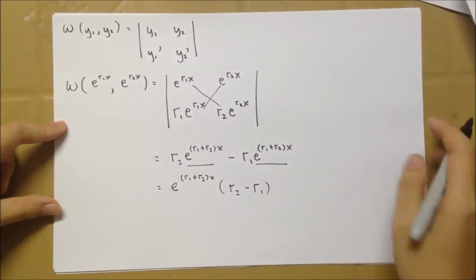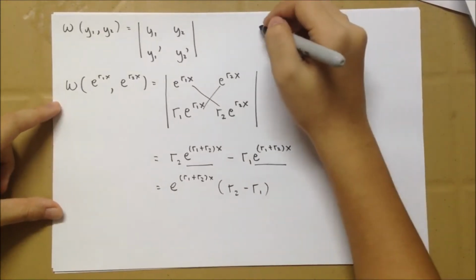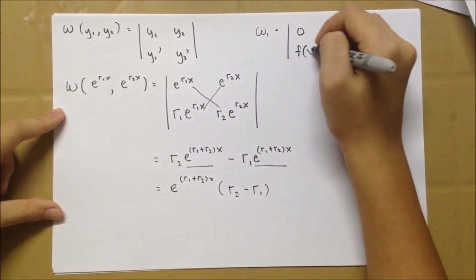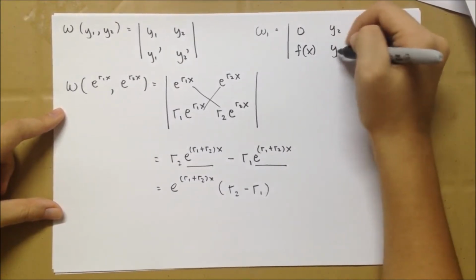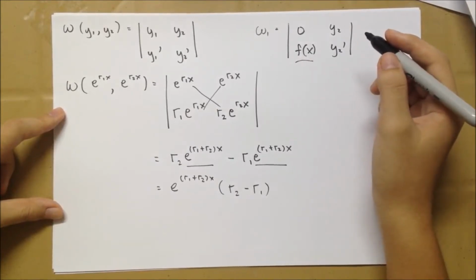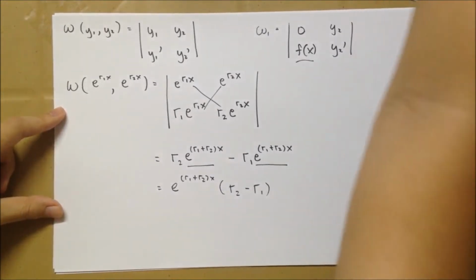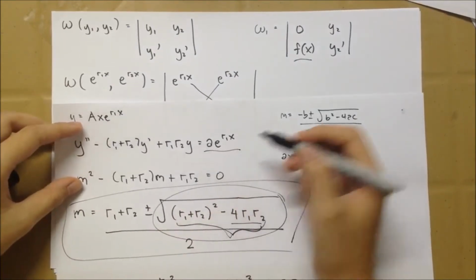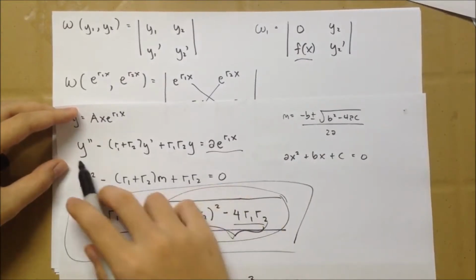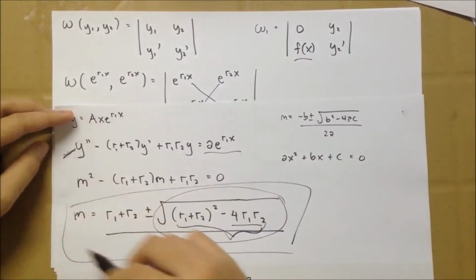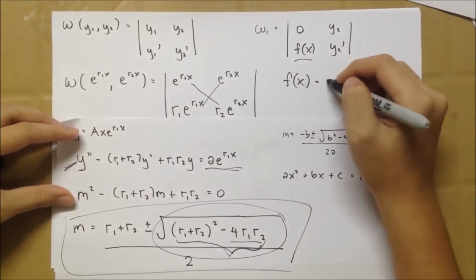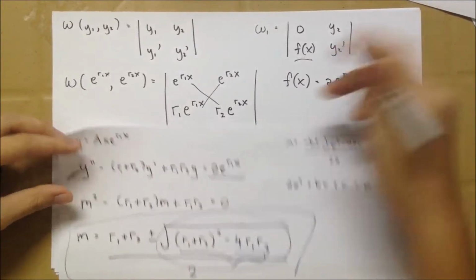That is my W. So my W1 is equal to 0, f of x, y2, y2 prime. Now, where can I get this function of x? Function of x is just the non-homogeneous part. Recall that this applies when our differential equation is already written in standard form. Since this is already in standard form, since the leading coefficient is 1 here, our function of x here is just a e to the r1x.